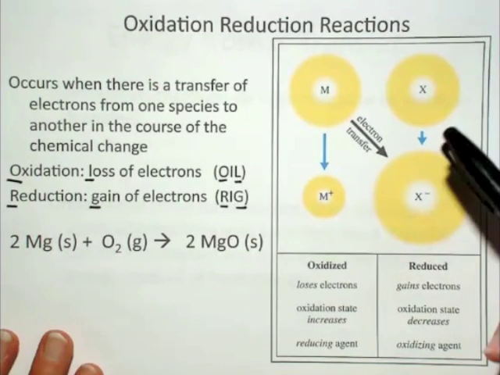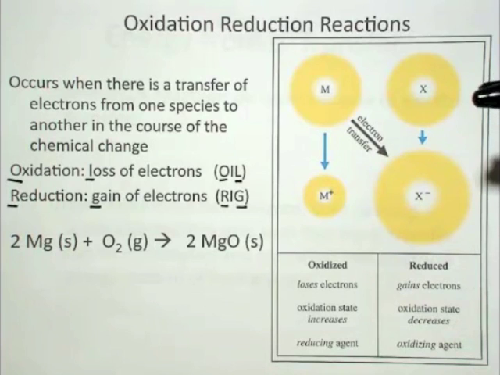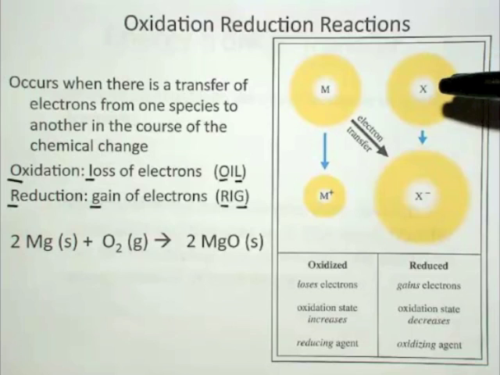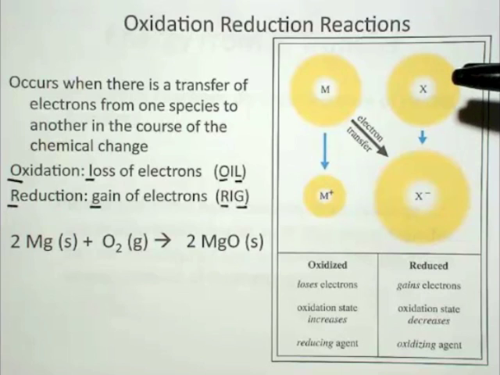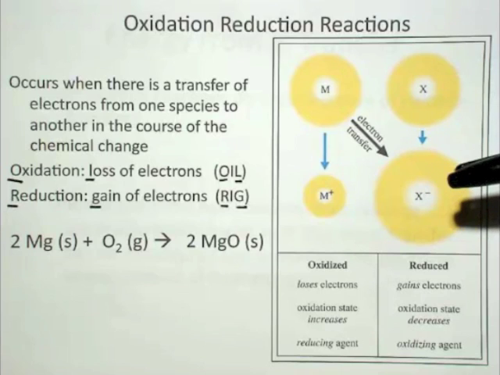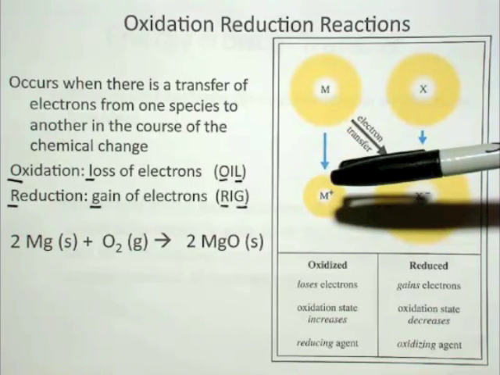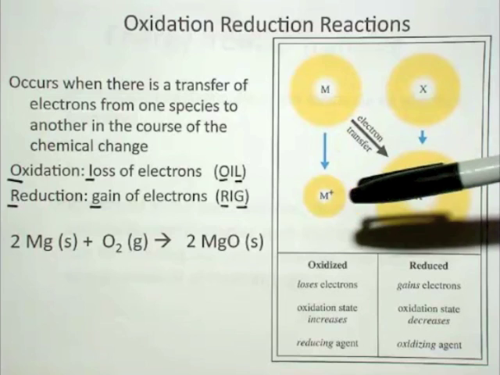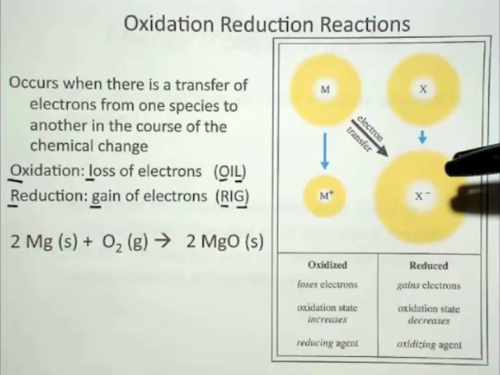But look over here. This is classically what happens in a type of oxidation reduction. In this case, the model is, we're pretending like this is a metal atom and this is a non-metal atom. And you know, metals tend to lose electrons across a chemical change with a non-metal, which would tend to gain electrons. And so what happens is the result of the reaction is the metal, which was not originally charged, ends up with a positive charge, and the non-metal, which originally was not charged, ends up with a negative charge.